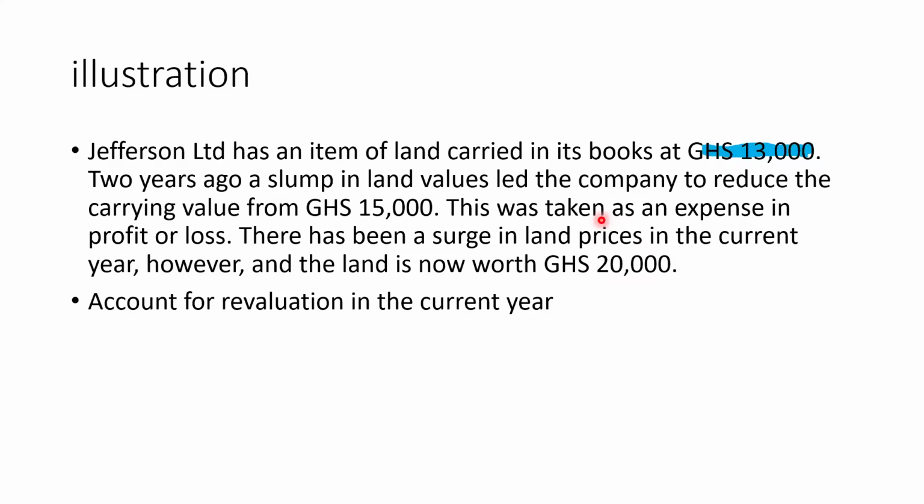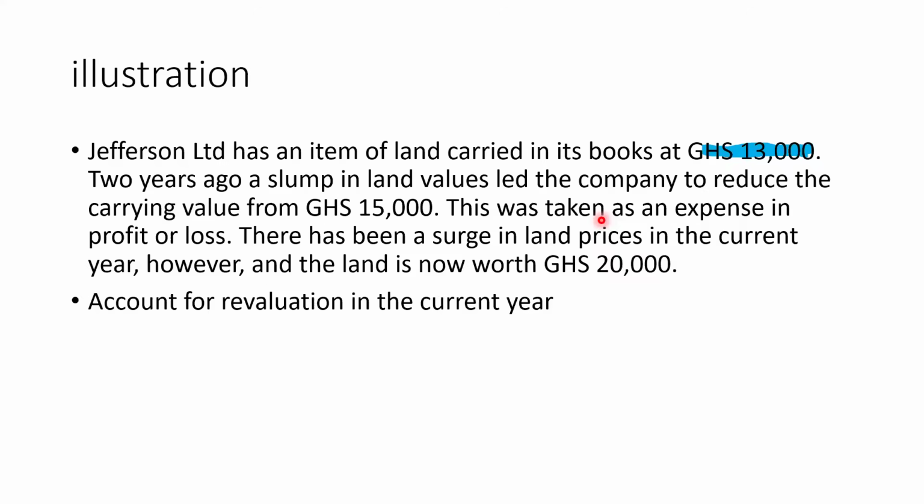Because previously you revalued the same asset and recorded a loss of 2,000, which was debited to the income statement, or added to the expenses. Now you are getting a surplus of 7,000 on the same asset. So you go back and revert that previous loss you recorded. You reverse it by subtracting it from the expense, by crediting the income statement.